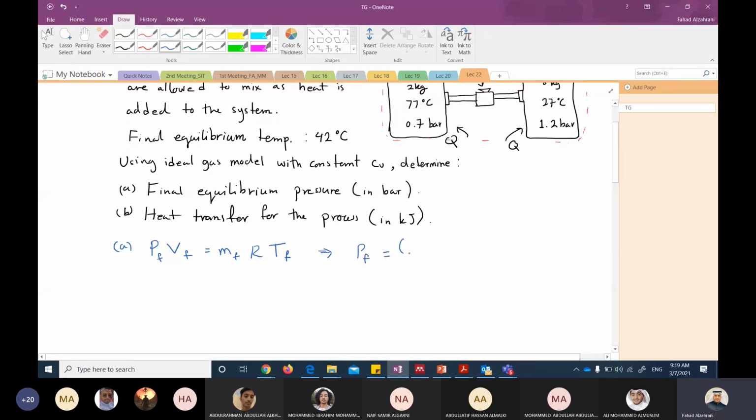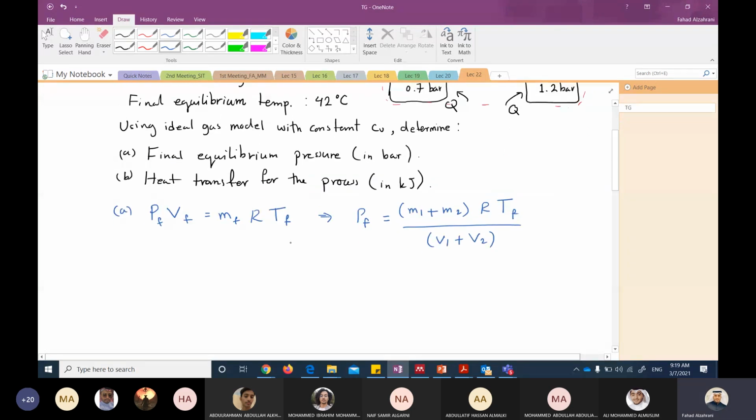So basically, what is the final volume we said? I'll call now 1 and 2 refers to each tank in the initial state. So the final mass is M1 plus M2, which is the mass of tank 1 plus the mass of tank 2, times R T final, divided by V1 plus V2, which is the volume of tank 1 plus the volume of tank 2.